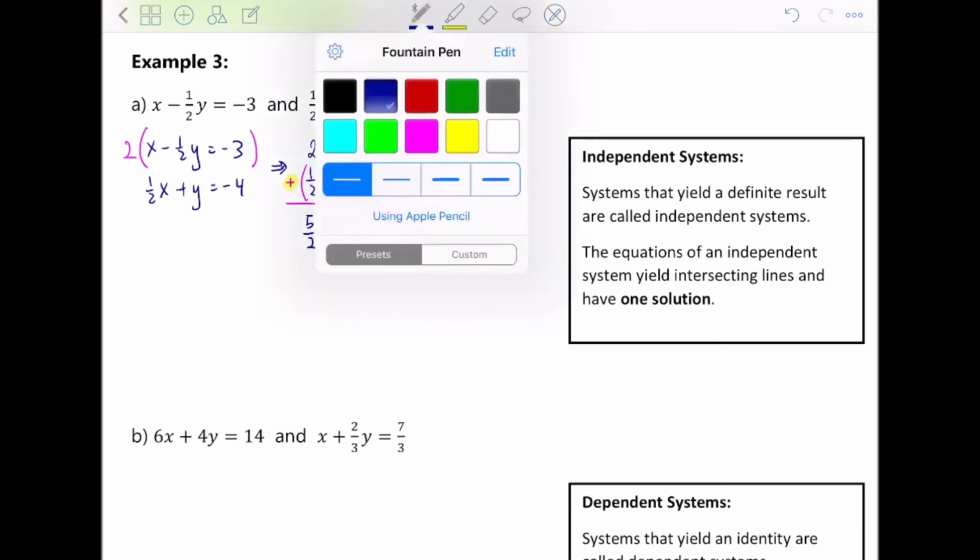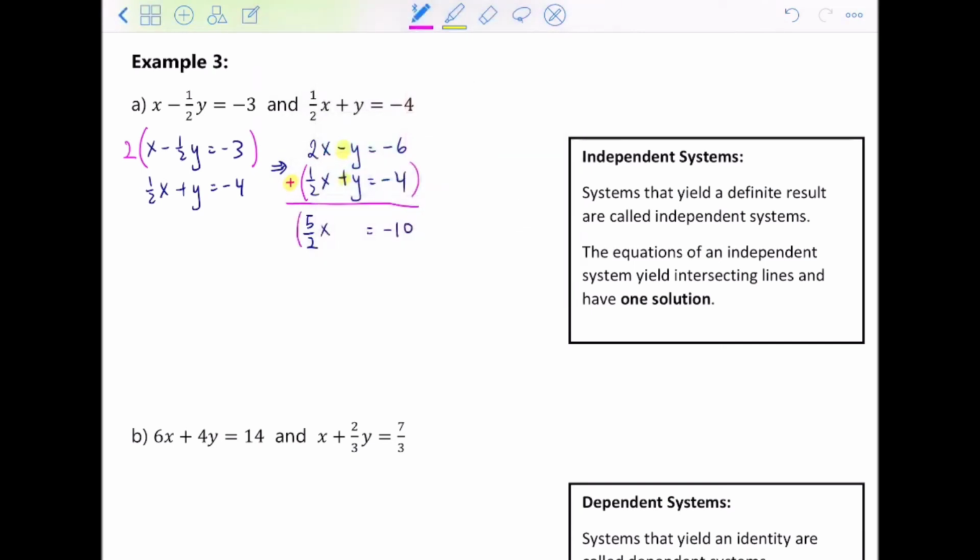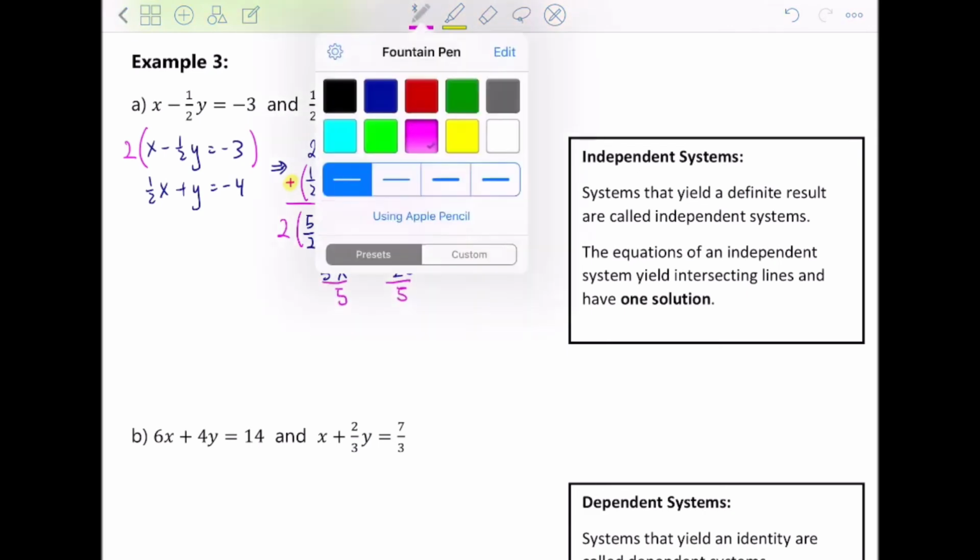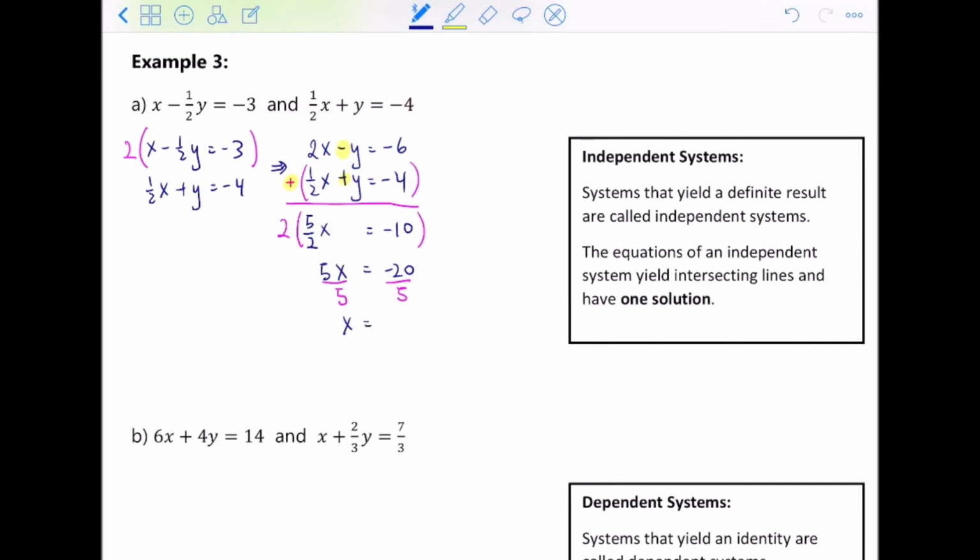We do need to solve for x, so we're going to multiply both sides by 2 first. So we get 5x equals negative 20, and you divide both sides by 5. We get x equals negative 4. We're going to sub this back into equation 1.